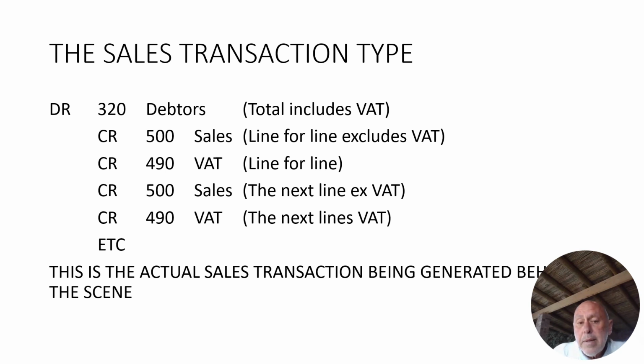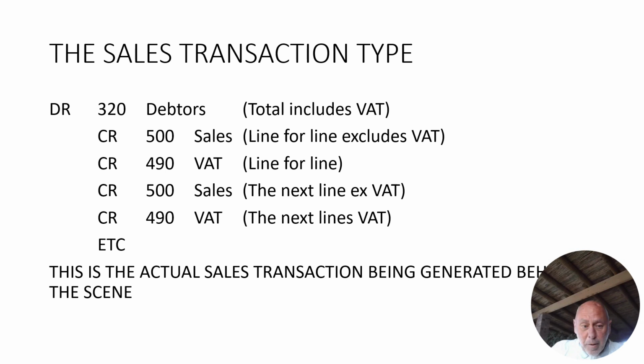And that total will be debited through to your debtors or to your bank account if it's cash. And again, it's just line for line. Your sales, each line for each item, how many, what's the net price, and then for that line is what's the VAT that's being raised. And you just keep on going through line for line for line. And your accounting system is creating this journal entry. That's just the sales side.